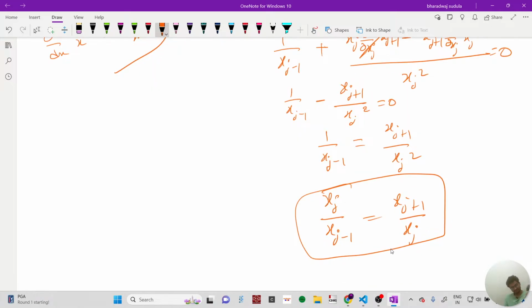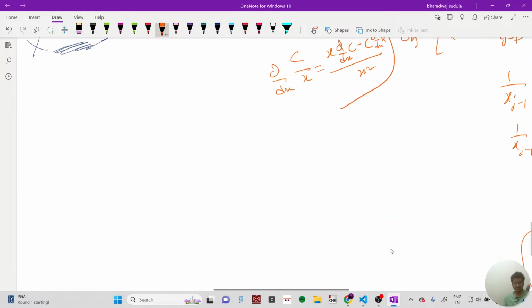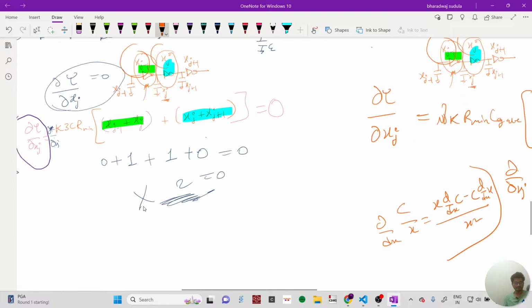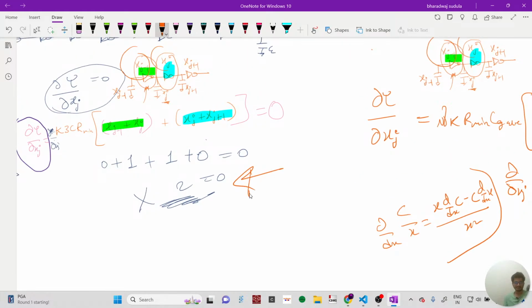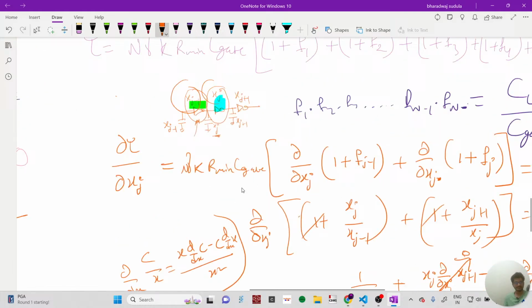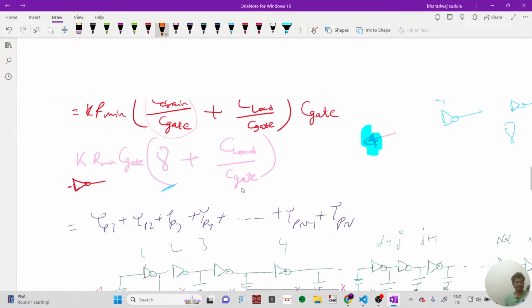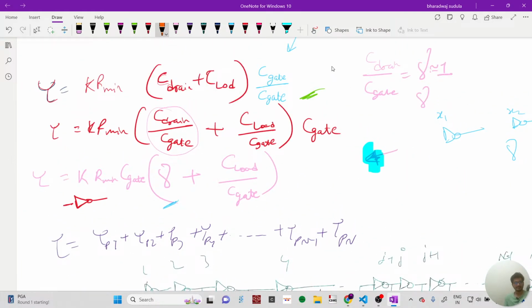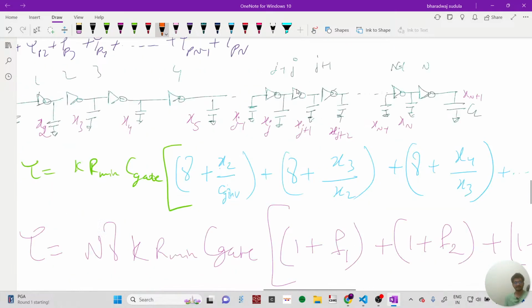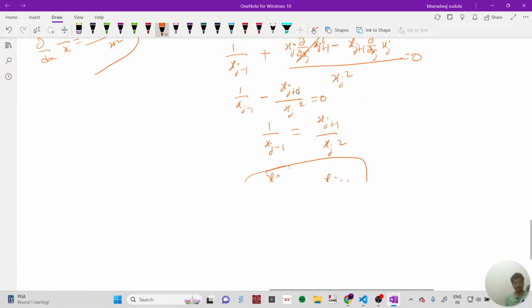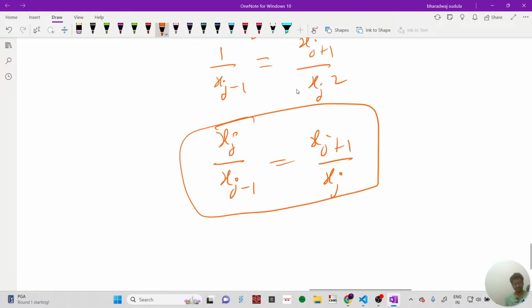So there is some useful insight. Previously we got nothing, no insightful information. Now, after manipulating the delay equation by including this input gate cap, I got this relation.